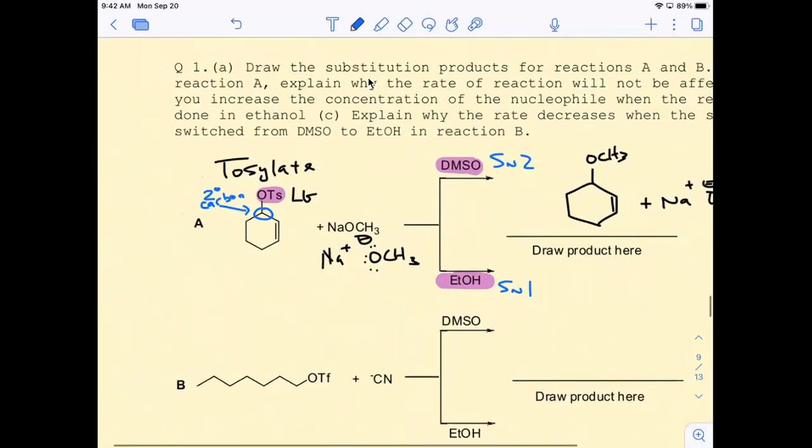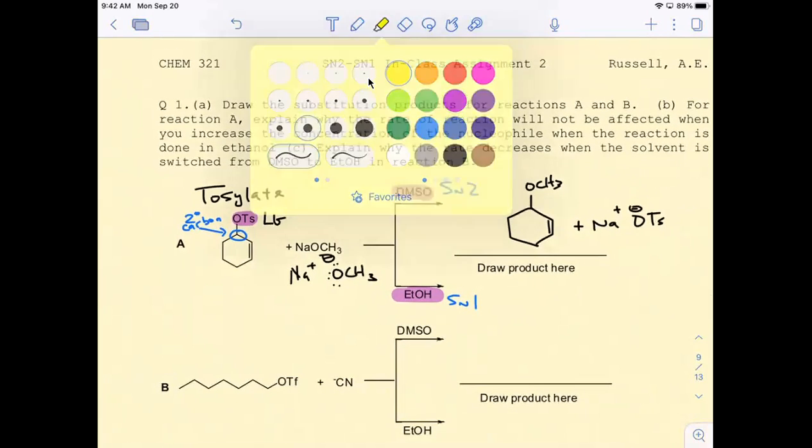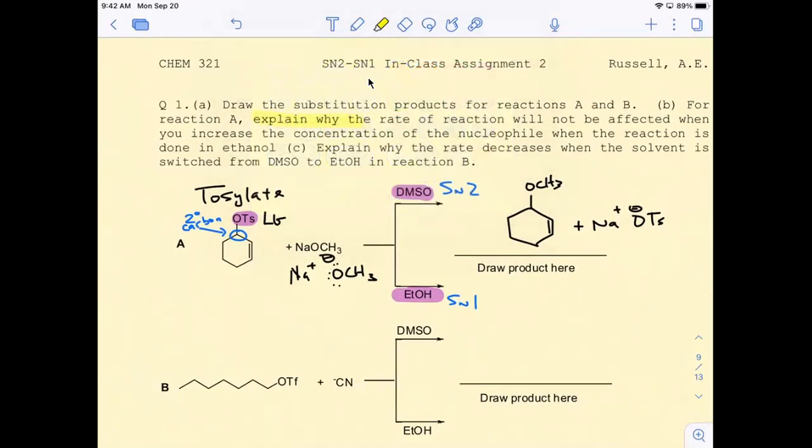So let's read that question again. It says, explain why the rate of reaction will not be affected when you increase the concentration of nucleophile when a reaction is done in ethanol. Somebody help me with that question. If I do this reaction on this secondary allylic carbon in ethanol, what does that mean for the mechanism?